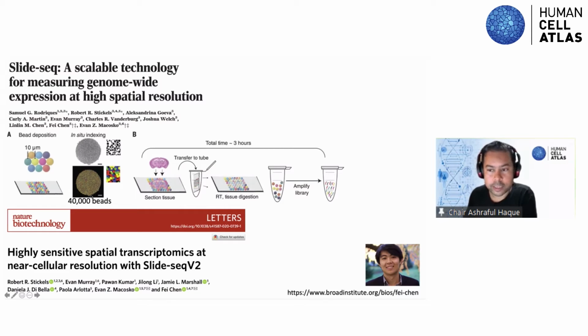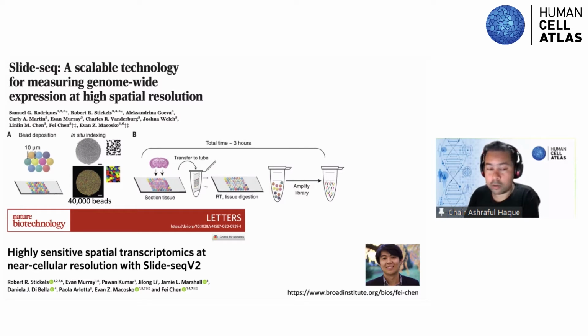It's about 3 millimeters in diameter. There's about 40,000 beads, all poly-T coated, so that when tissue is placed on top, a localized mRNA capture can occur. You can amplify the library and sequence using next generation sequencing methods.